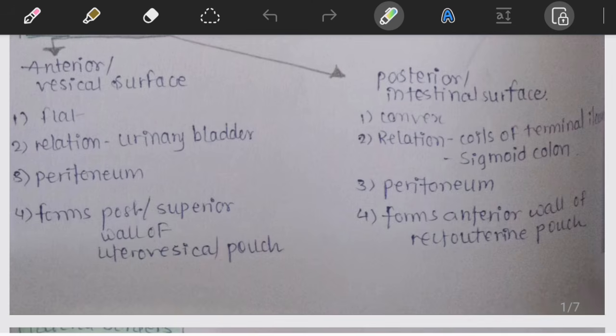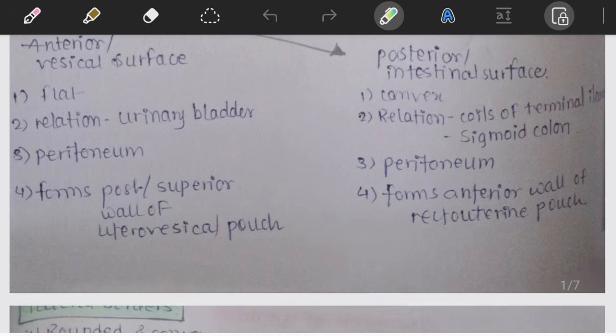And the posterior surface, now turn to this. This surface is convex, and posteriorly, we have the rectum and intestinal structures, including coils of intestine and the sigmoid colon, depending on the exact level and relation. Peritoneum here forms the rectouterine pouch, called the pouch of Douglas, and this is an extremely important anatomical space.